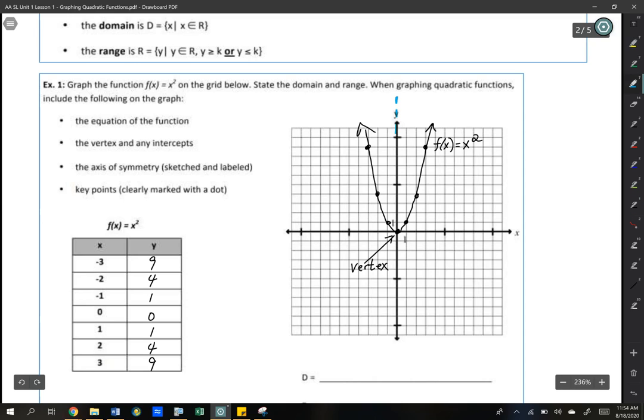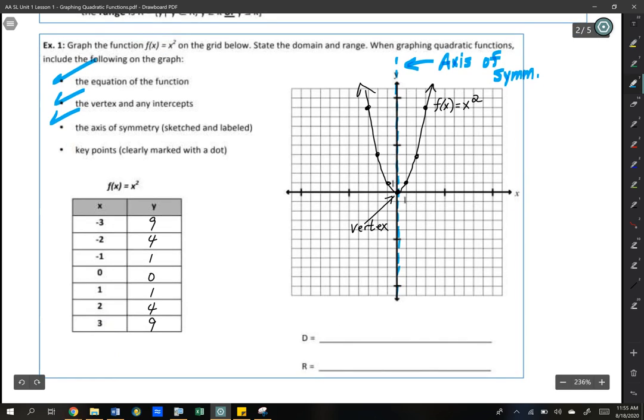You may want to use a highlighter on your notes or a different colored pen just so this stands out a little bit more. We'll make a note here. Axis of symmetry. All right, so we have the equation, we have the vertex, we have no intercepts other than the x and y intercepts are both 0, 0. Our axis of symmetry, and any key points clearly marked.